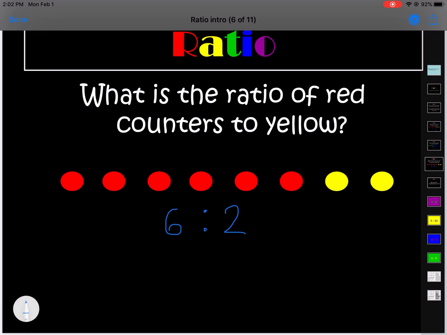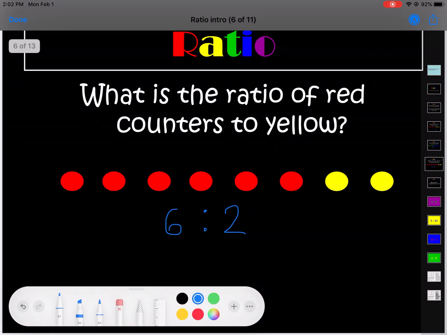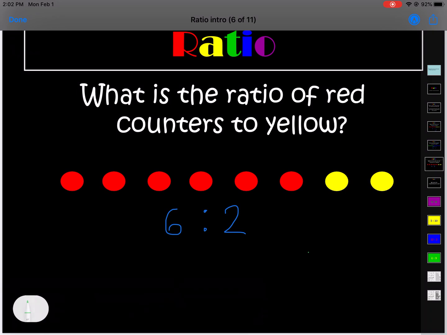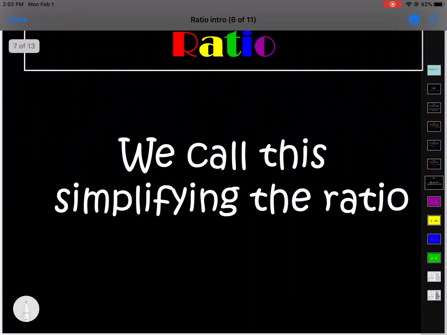Now we're just about to move on to do something with these ratios. This 6 to 2 may also be written as 3 to 1. Now that process there, going from 6 to 2, writing that as 3 to 1, is called simplifying the ratio.